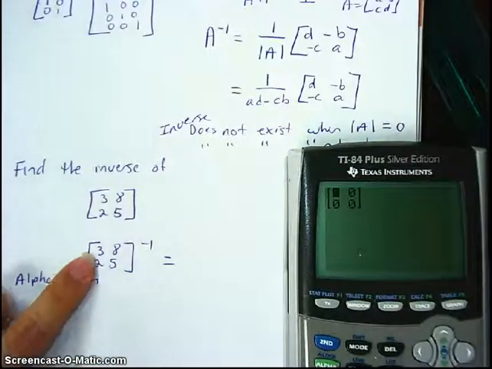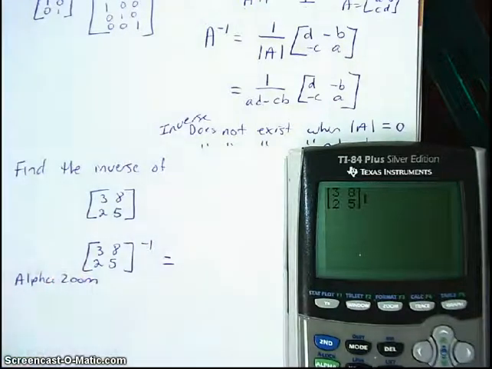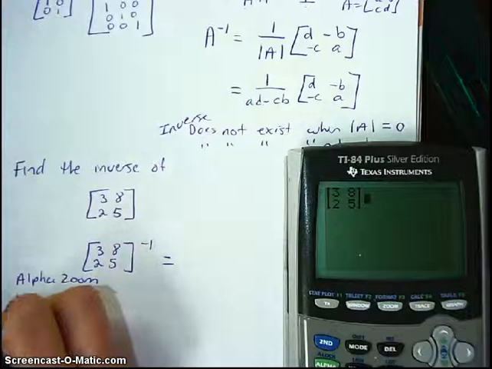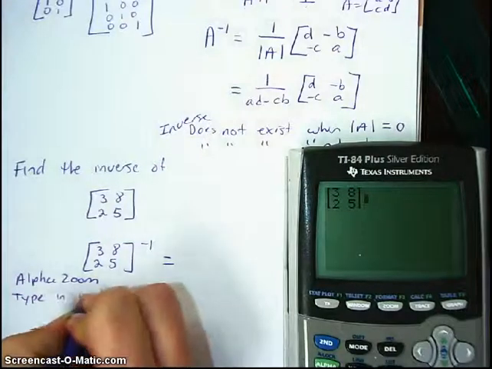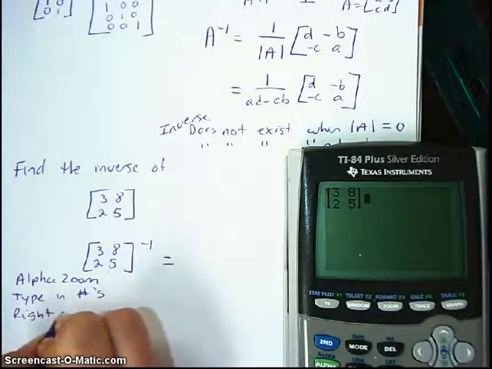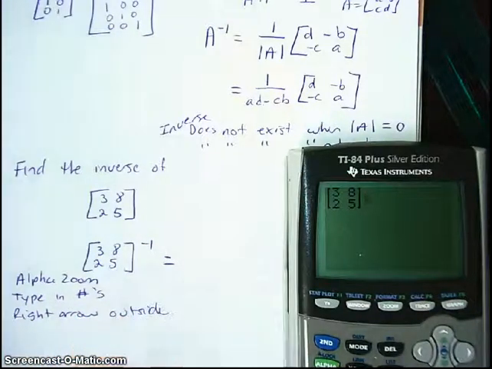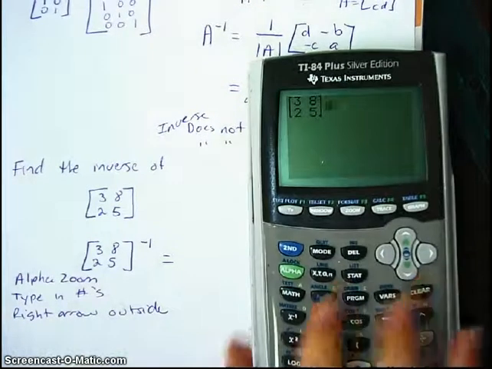Now we're going to plug our matrix in. So we've got 3, 8, 2, 5. We type in the numbers, and then right arrow outside the matrix. Then we're going to hit this x -1 button, right here below math.